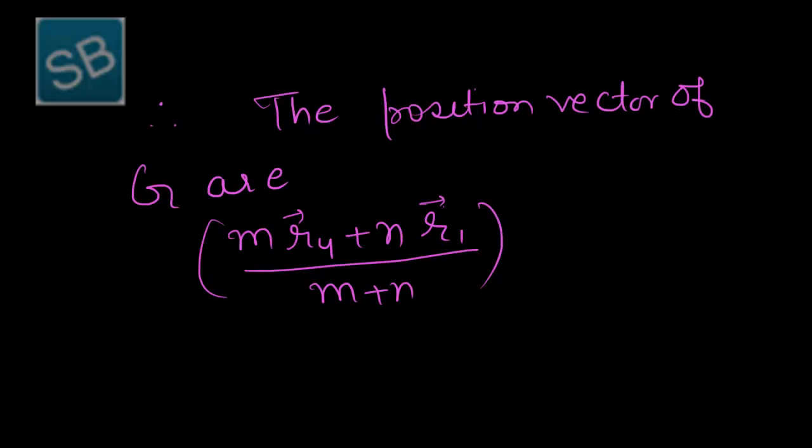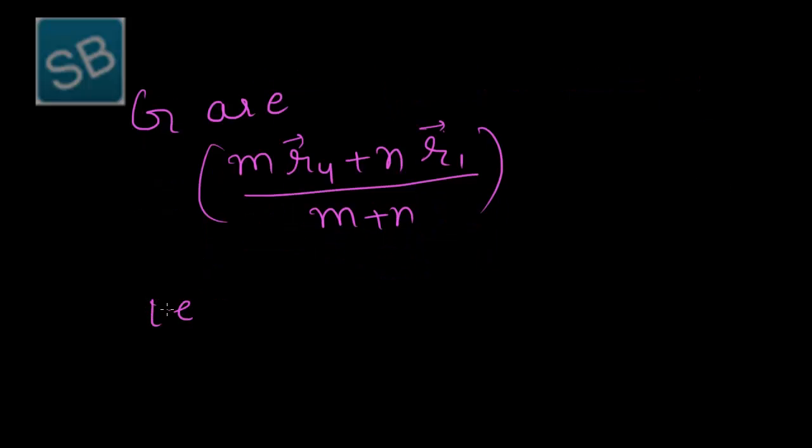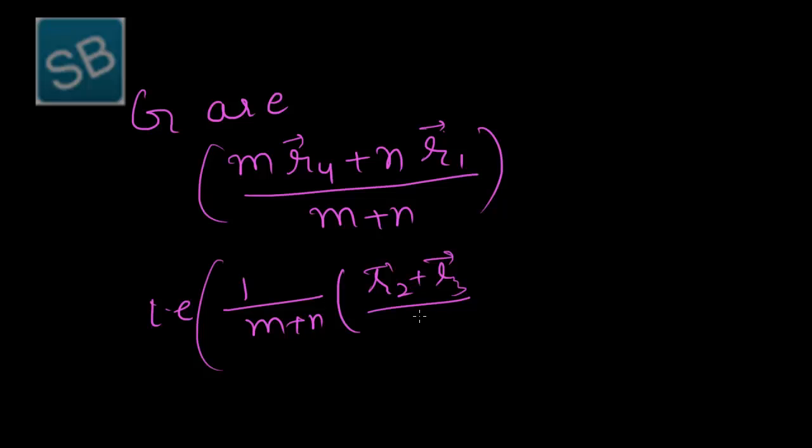Now substitute the values of r4 and r1. So it becomes 1 over m plus n, r4 is vector r2 plus vector r3 over 2. Now substitute the values of m and n and vector r4.